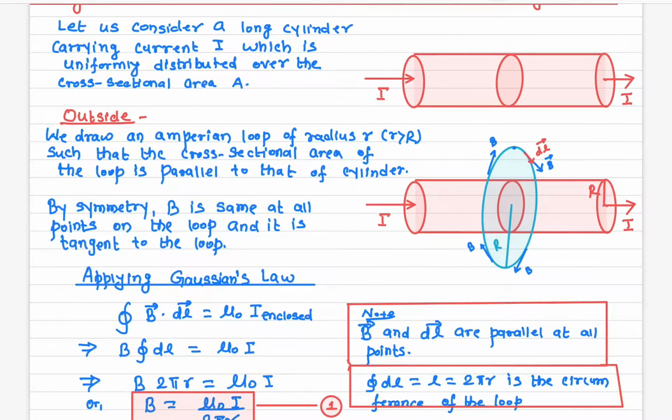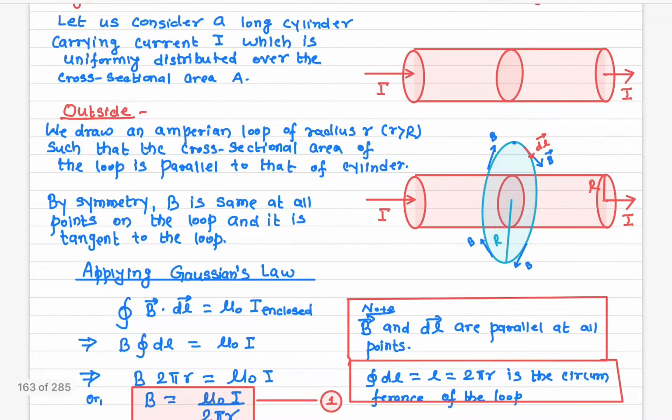The second point here is that the tangent or dl vector, the elementary length at each point, and the magnetic field are in the same direction. That is, the B vector and the dl vector are in the same direction.